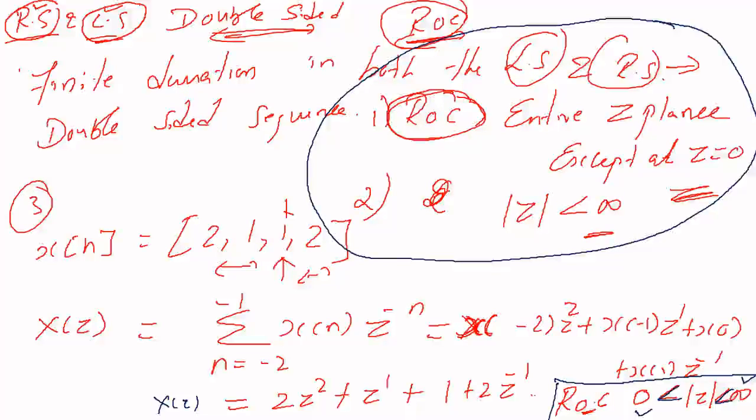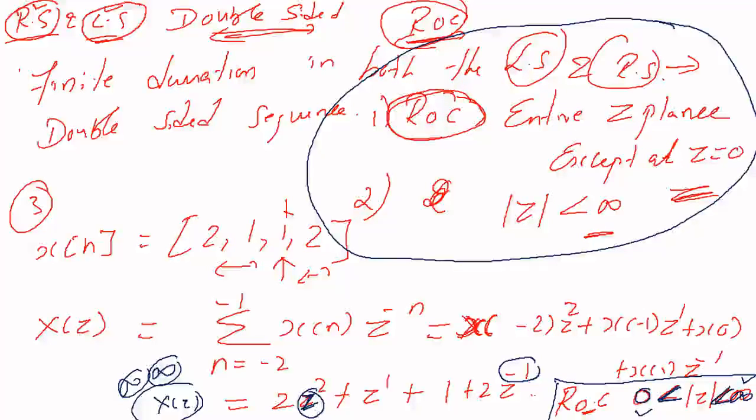If this becomes 0, suppose it is equal to 0, that makes x of z infinite. Again take this, infinite. Suppose the z on the positive side, if this part becomes infinite, again that will blow up and x of z will be infinite. So that's the meaning actually. So x of z will be finite except at these values. That is the reason the region of convergence will be between 0 and infinity.